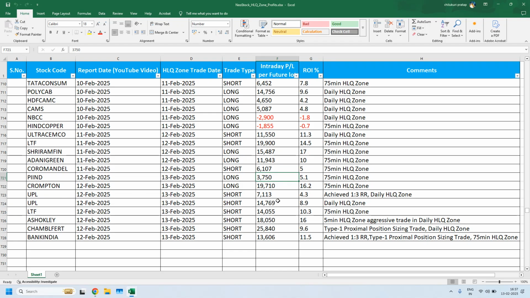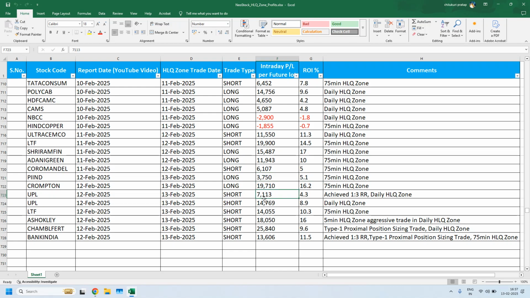UPL has given the profit at 1:3 RR, 4.3% ROA it has given. 7,000 rupees profit, which is 4.3% ROA as per one futures. Okay, why is ROA reduced here? The margin cost is more, maybe around 1.5 lakh or 1,60,000. See, 3,000 here, 3,750, we got 5.1% ROA.